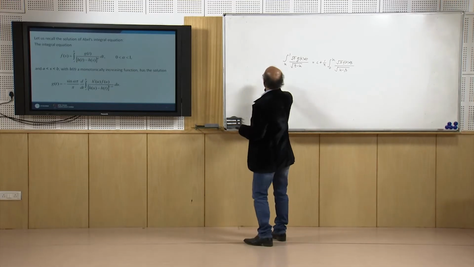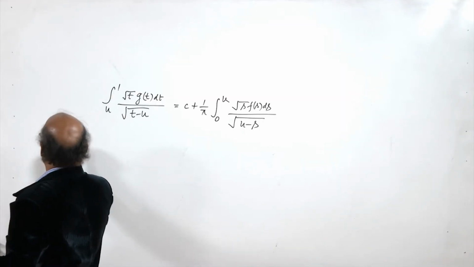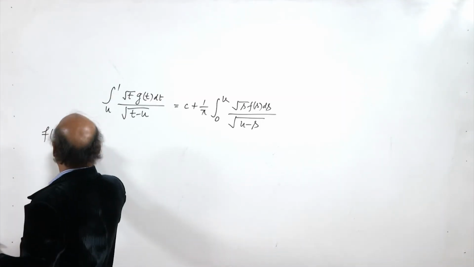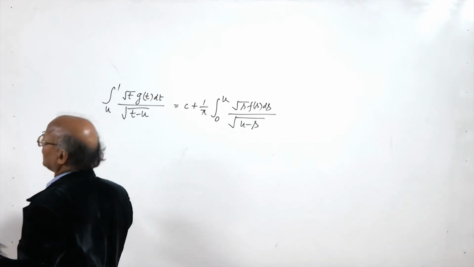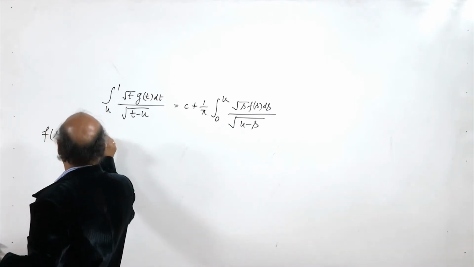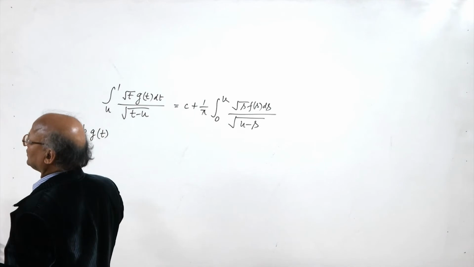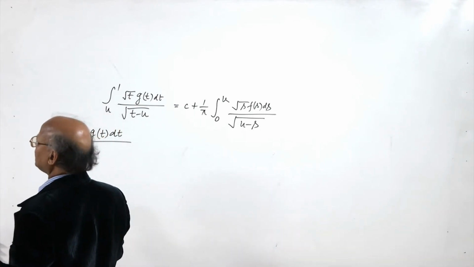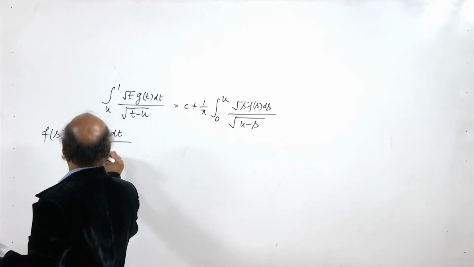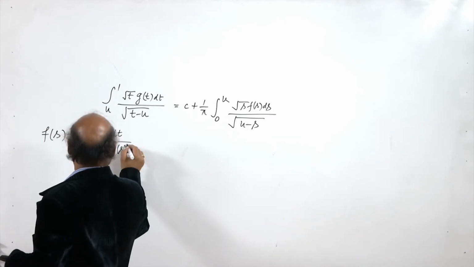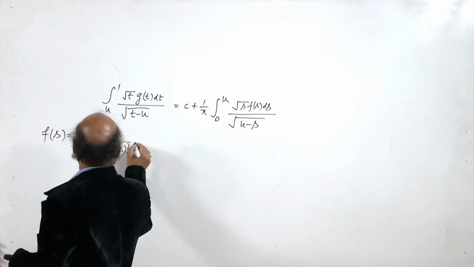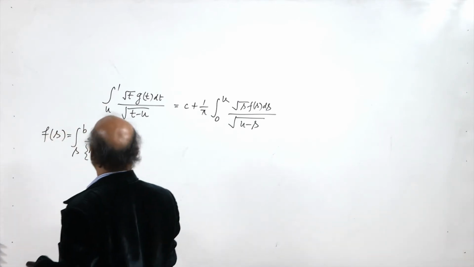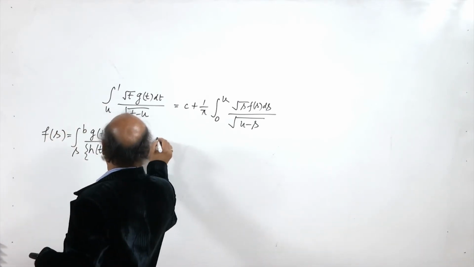We have fs equal to integral s to b gt dt, this is the integral equation, upon (ht minus hs) to the power alpha, 0 less than alpha less than 1.